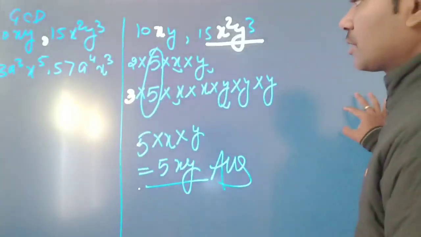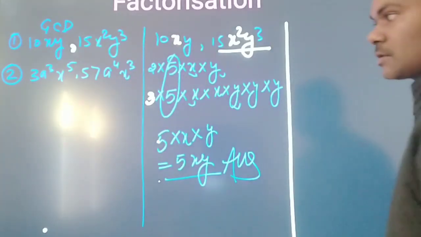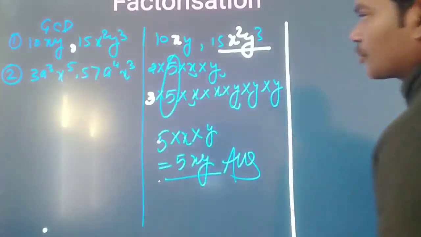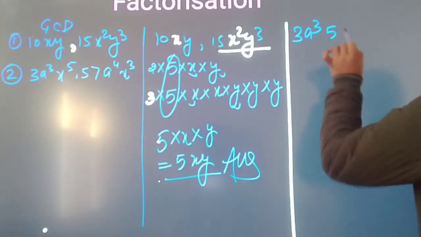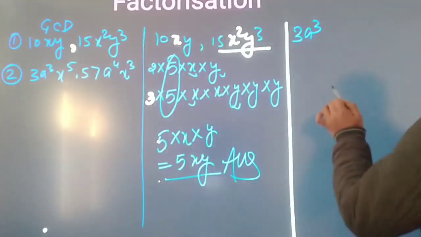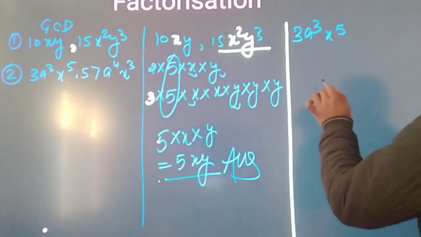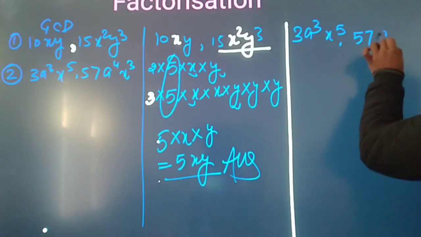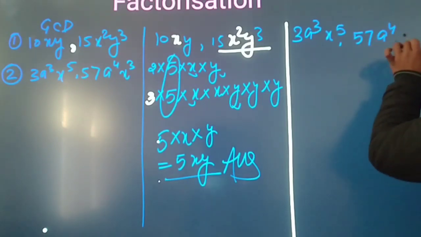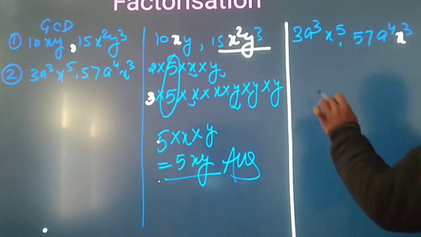So the second question is 3a cube x to the power 5, and second is 57 a to the power 4 x cube. Okay, now solve.